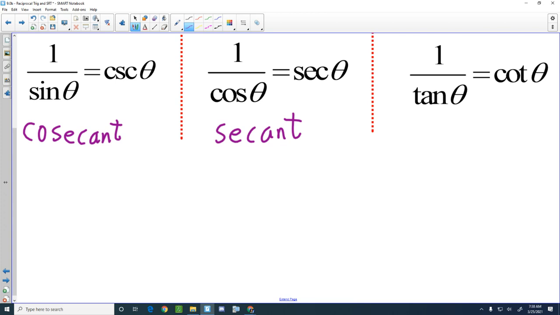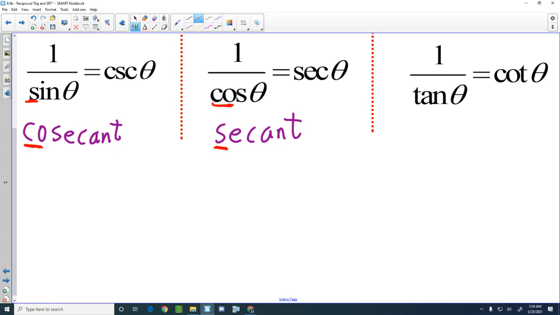And it's interesting because the non-co version starts with an S. Sine versus secant. The way that I always keep these first four straight is that the reciprocal always starts with the opposite letter. So the reciprocal of sine, which starts with an S, is cosecant, which starts with the co. The reciprocal of cosine, since that starts with a C, is secant, because it starts with an S. When you take the reciprocal, it also flips the first letter. It's just how I always keep it straight.